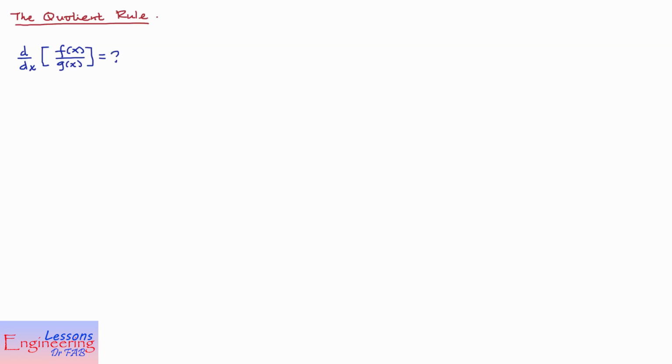Here I'll just give you the expression for the first principle: d by dx of a function f of x is equal to the limit of f of x plus some small change in x, minus f of x, over that small change in x, as the change in x approaches 0.